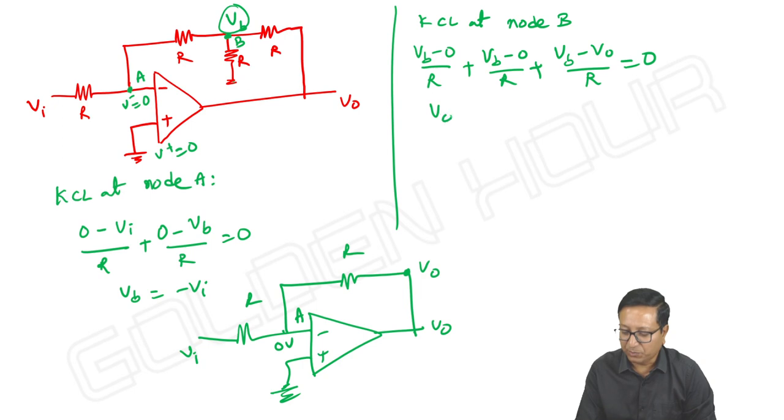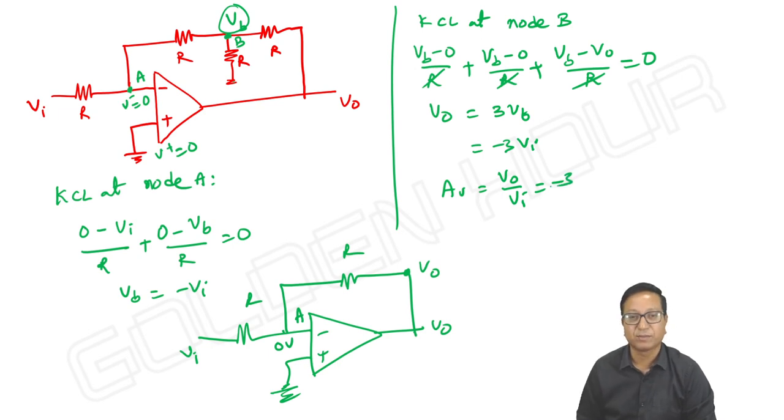So what is V output? I can cancel this R. V output is equal to 3 times Vb. So what is Vb here? Minus Vi. So minus 3 into Vi. Our gain AV or ACL, V output by Vi, is equal to minus 3. Okay, simple two node equations, nothing else.